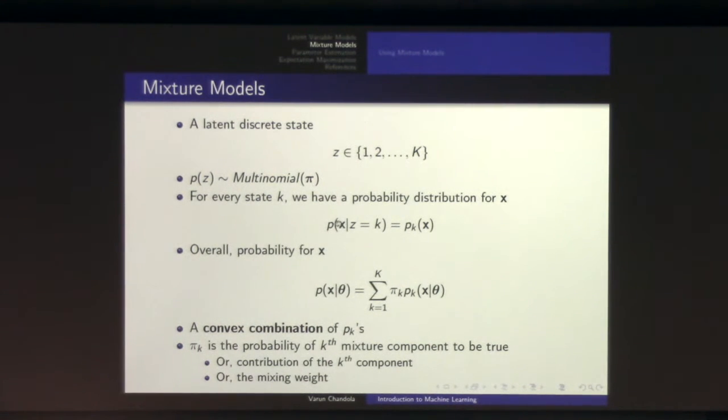That is, the PDF of x depends on what z is, and sometimes, just to save a lot of writing, we denote it as p_k of x, which is just a notational simplification. So if I see an x, the probability for x over all possibilities of k would be written as this, right? So let me write it here.